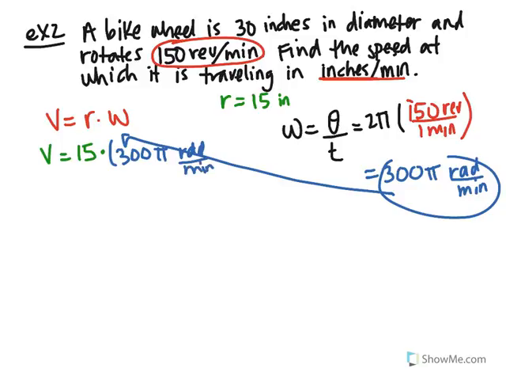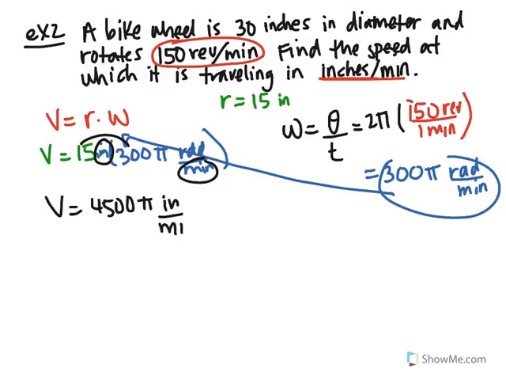And remember, this was inches, so I'm going to put the little inches to remind me what I have here. It's all about the units on this. So when I multiply 15 times 300, I end up getting 4,500 times that pi, and then the units are going to be inches per minute. And that's exactly what the units were that were wanted for this problem.